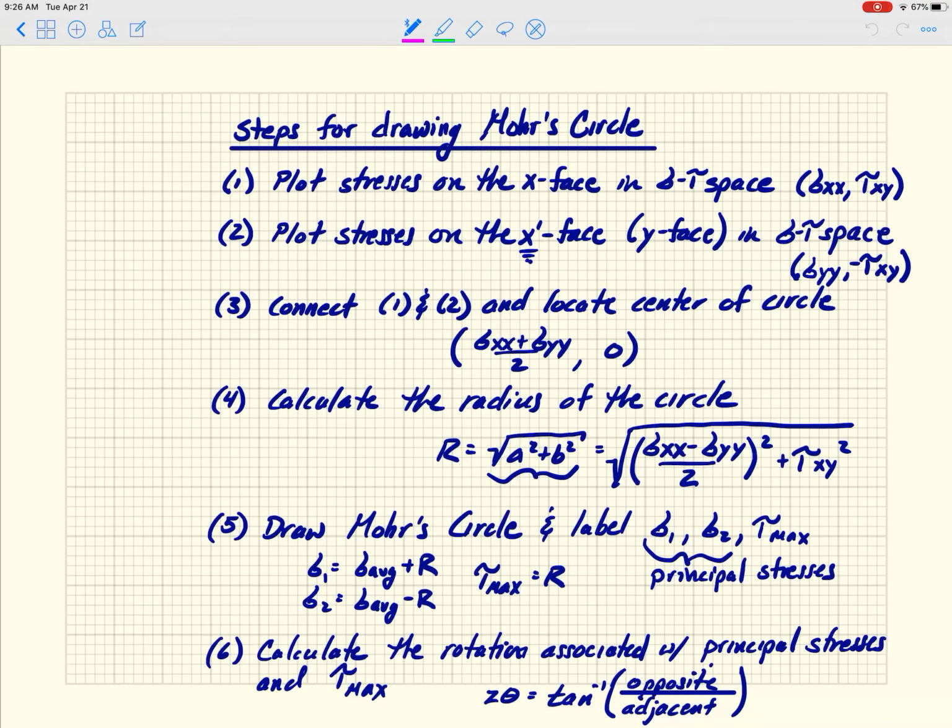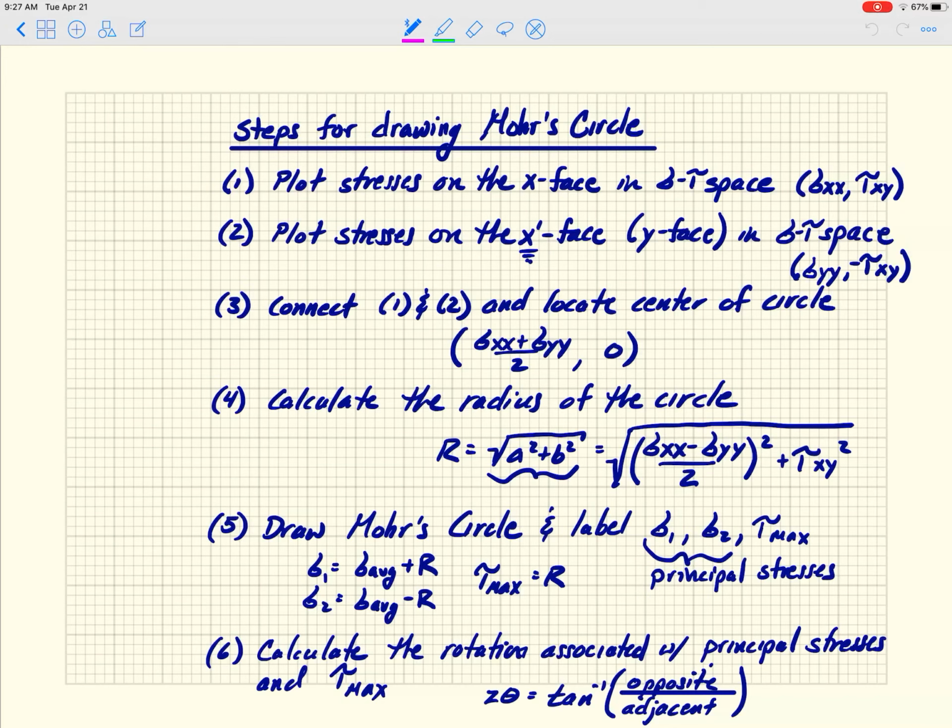And so again, these are our steps. We plot the stresses on the x face, then we plot them from the x prime face. That's what flips that tau xy sign. We then connect points 1 and 2. That locates the center of the circle. Now I'm calculating the radius of the circle. And once I've drawn the circle, I can then calculate the principal stresses.